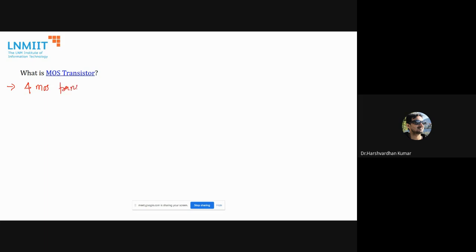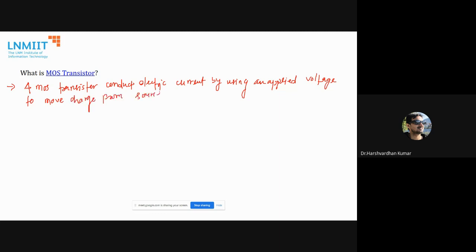A MOS transistor conducts electrical current, or you can say electric current, by using an applied voltage to move charge from source side to drain side of the device.